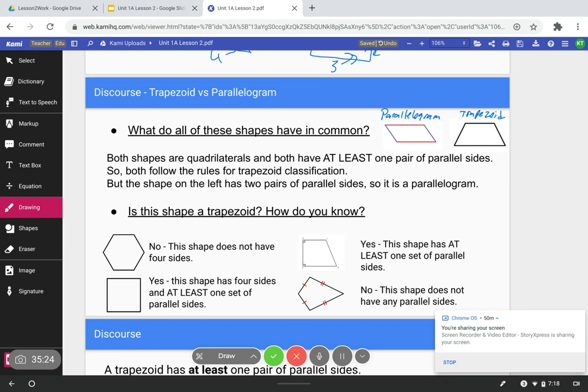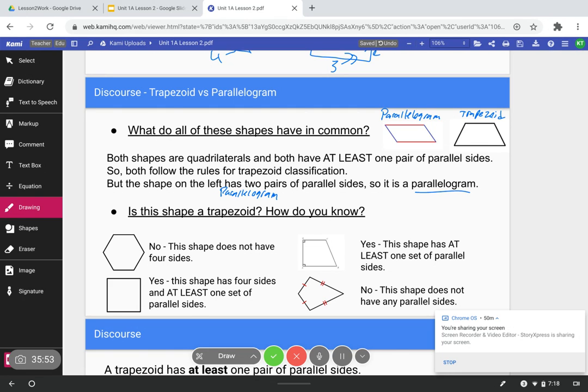So both follow the rule for the trapezoid classification. But the shape on the left, the parallelogram, has two pairs of parallel sides. So it's a parallelogram. The trapezoid does not have two pairs of parallel sides. So it is still in the trapezoid section.